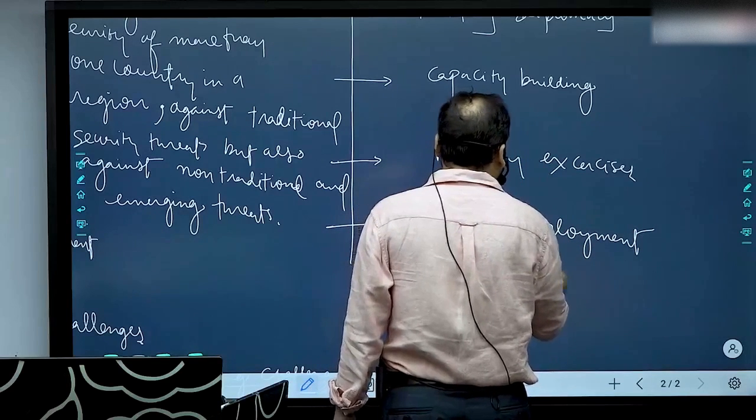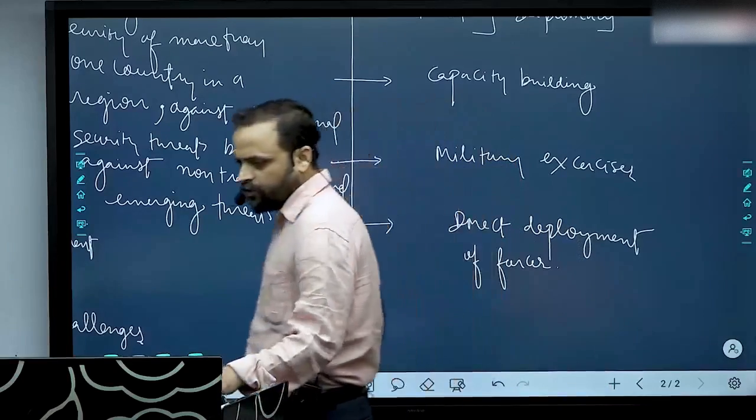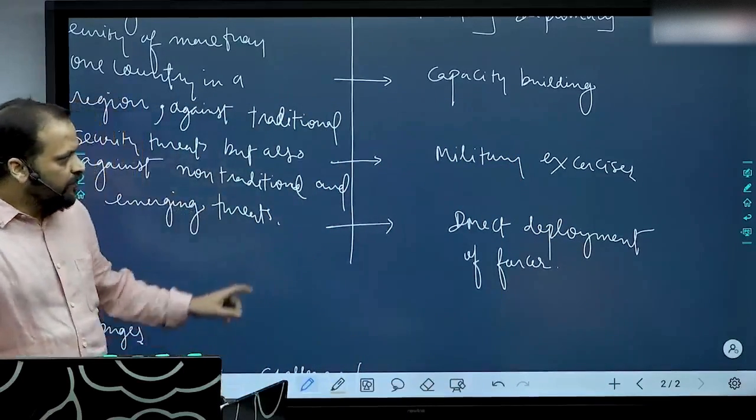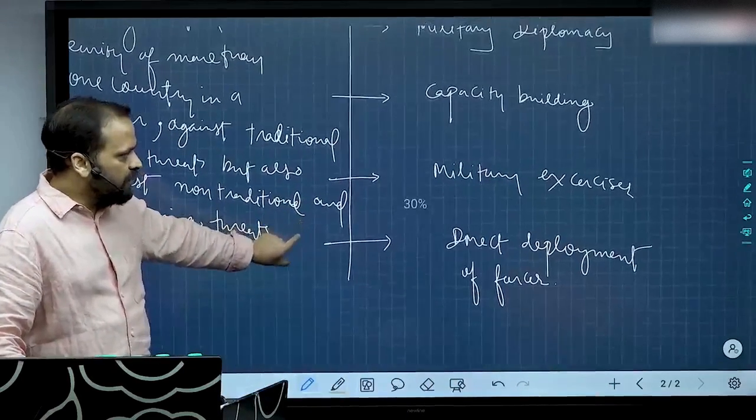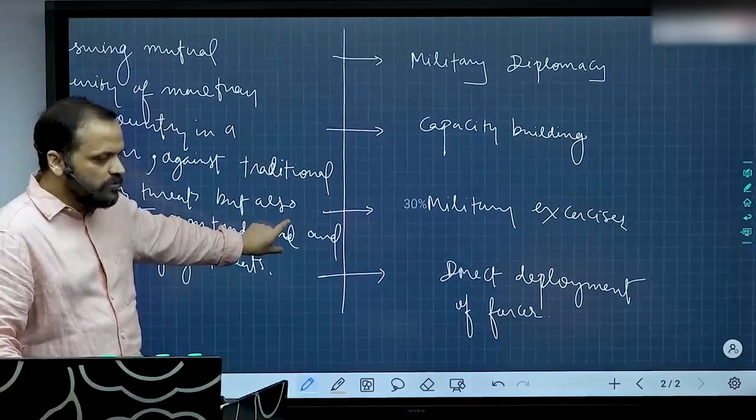Direct deployment of forces. That is the kind of role that you would see. That for being a net security provider, these are the kinds of roles which a country needs to perform.